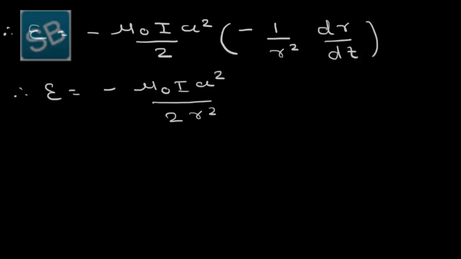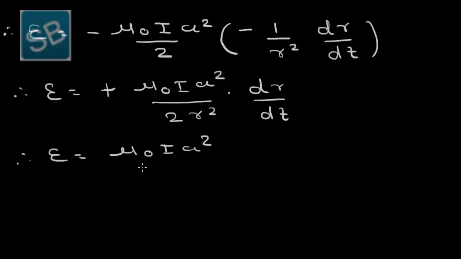Now see, this negative sign comes to the outer side. So minus into minus is plus, into dr by dt. Here r is the position, as you have seen in the figure, actually the distance. So the distance upon time is velocity, and hence epsilon is equal to mu 0 I a square upon 2r square into v.